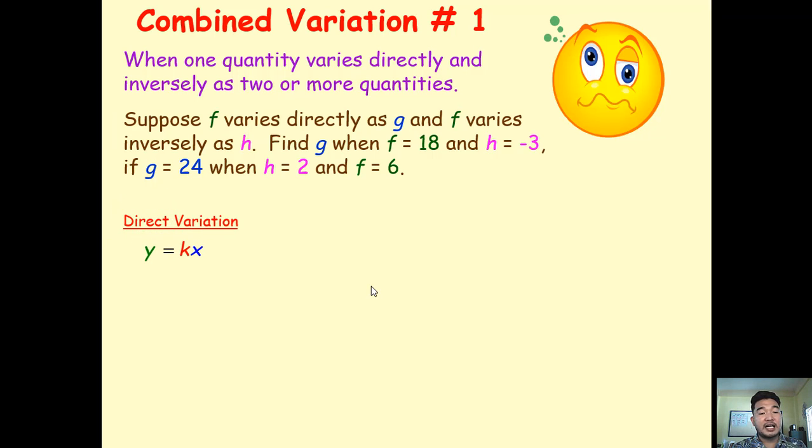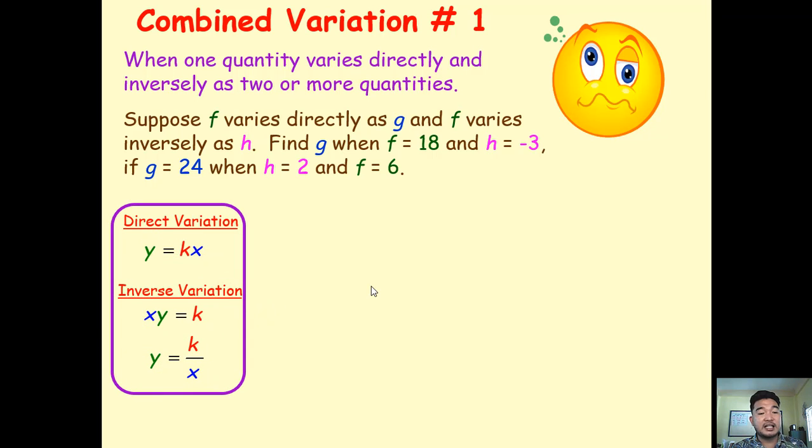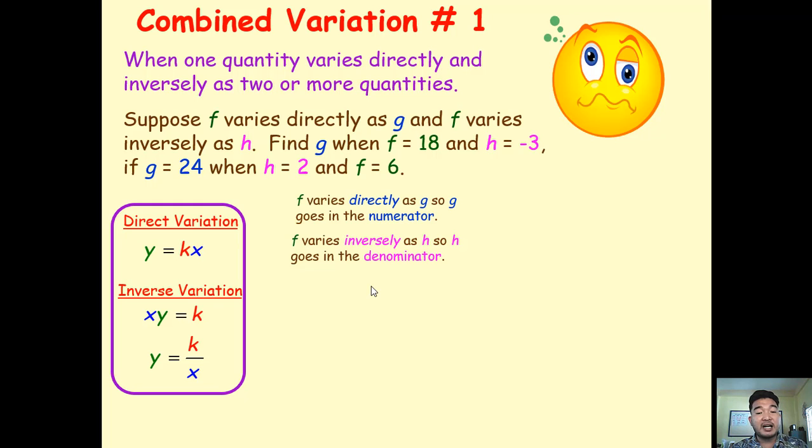So, our direct variation is y is equal to kx. Our inverse variation is y is equal to k divided by x. Remember that, okay? But here, we have f varies directly as g, so g goes in the numerator. And then f varies inversely as h, so h goes in the denominator.